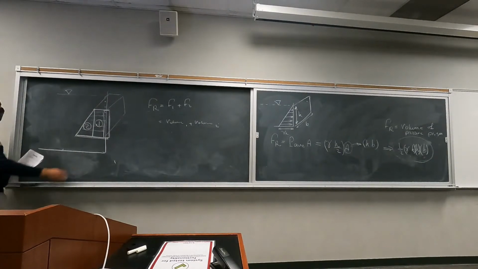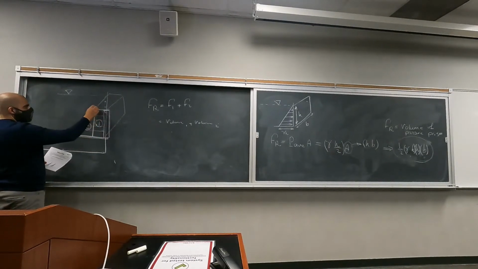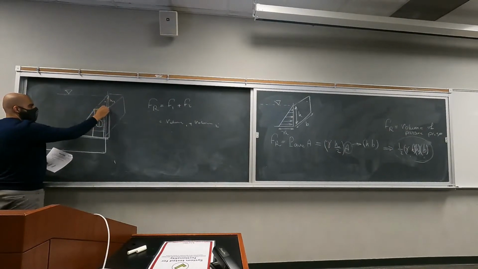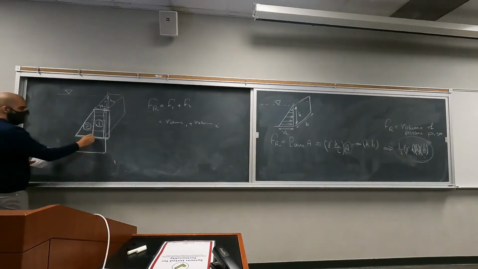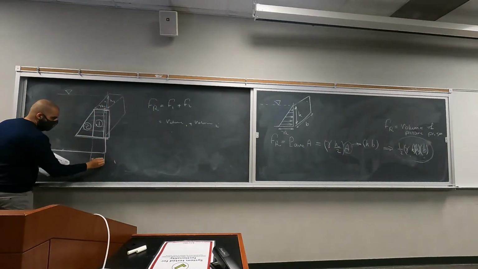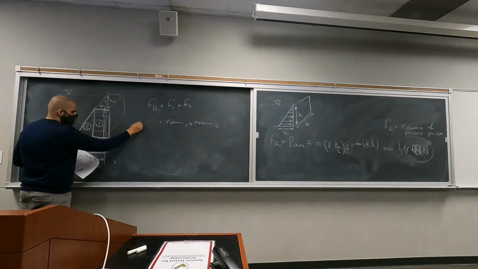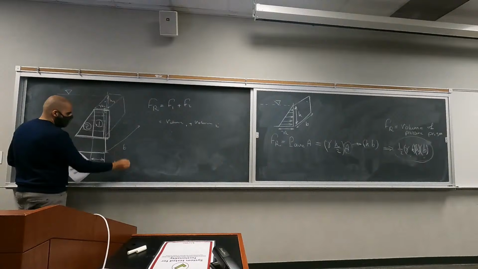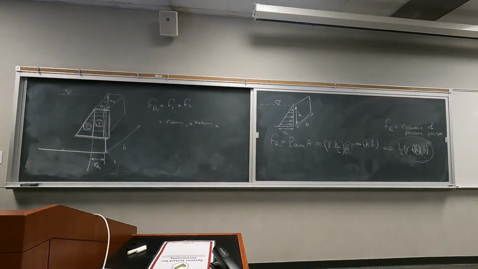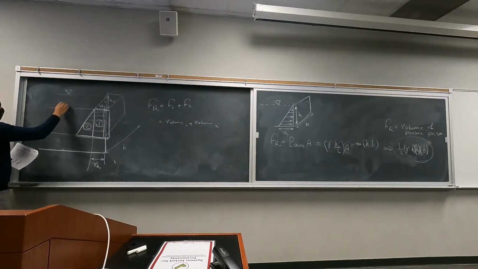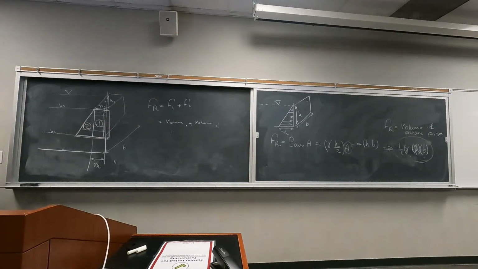How do we calculate the volume of this part? Pretty easy. Let's say this height is H1. The pressure here is gamma H1, right? So we have this length, gamma H1, and this is usually given to us, B. And then this is height H2, which should be given to us along with H1.